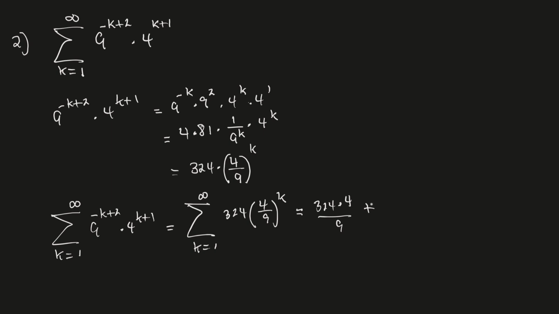And then the next term will be 324 times 4 over 9 squared. And then plus 324 times 4 over 9 cubed, and so on. So this is actually my first term. So A is actually this quantity, which is equal to 144.